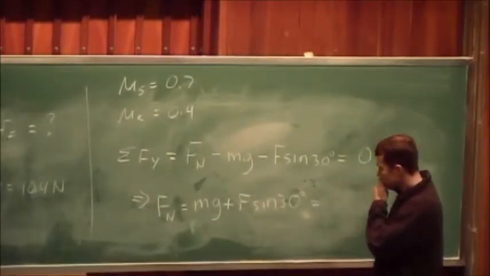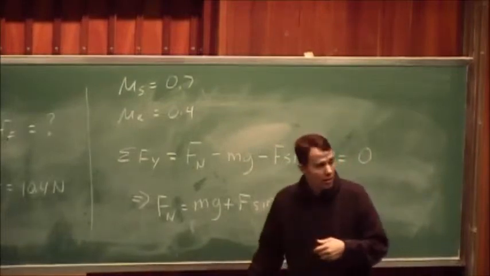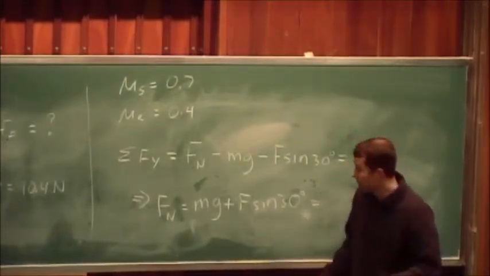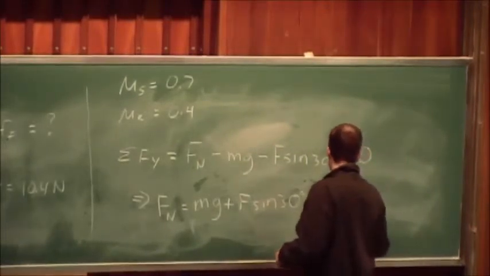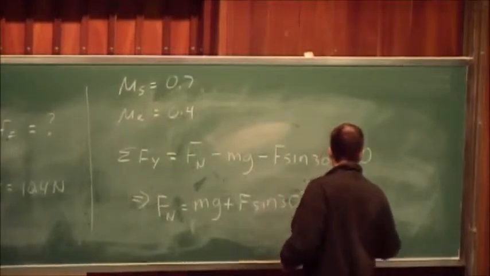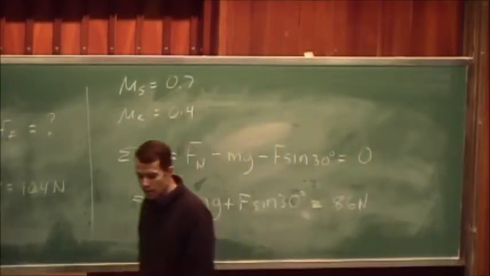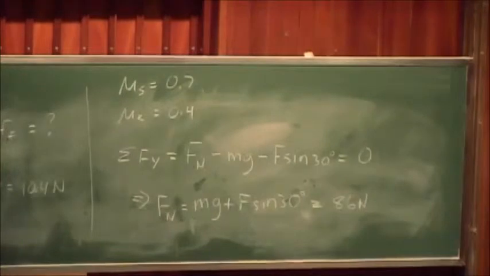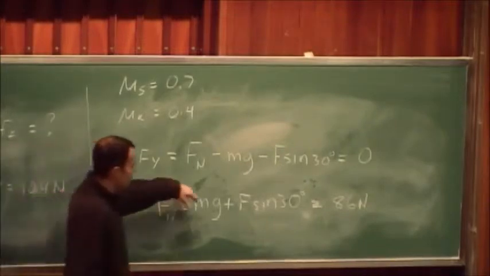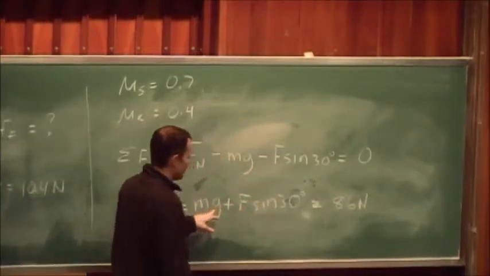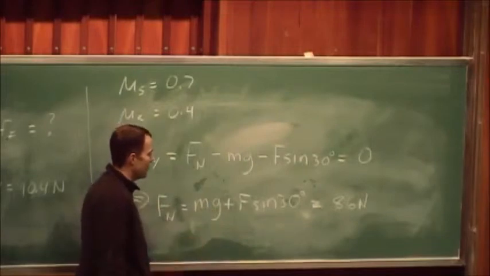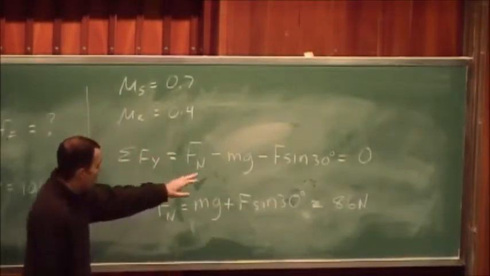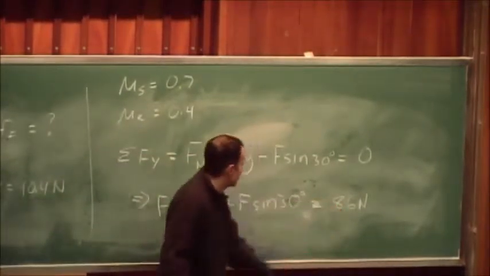Sine of 30 is half, right? So that's about 86 newtons. It's actually a little bit less than this because g is actually 9.8. But anyway, we have 86 newtons.